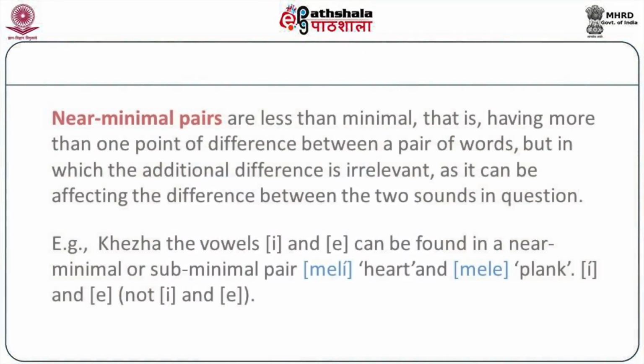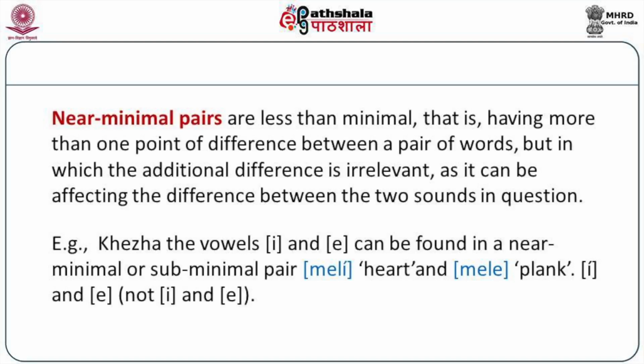An example here of near minimal pairs in a language is a language such as Kheza, for example. Now if you look at the words in Kheza, we have two words, one meli, which means heart, and the other mele, means plank. Kheza is a tonal language. The last vowels are different in tone.